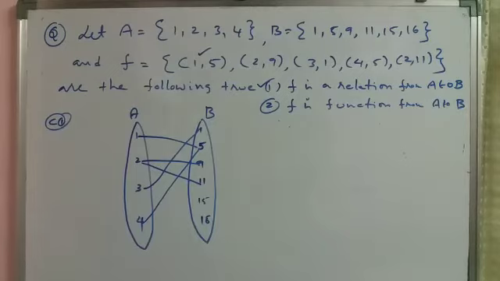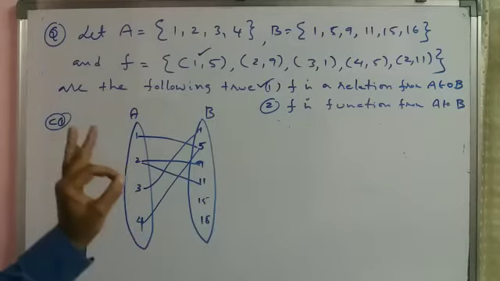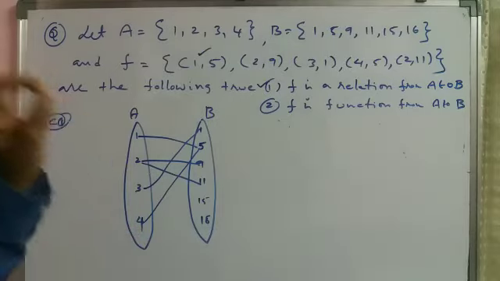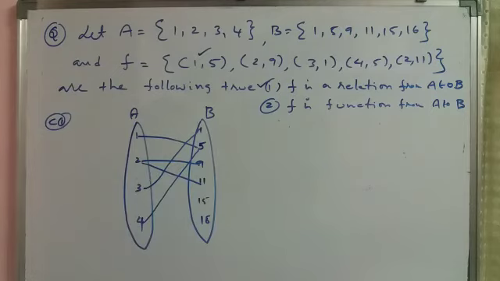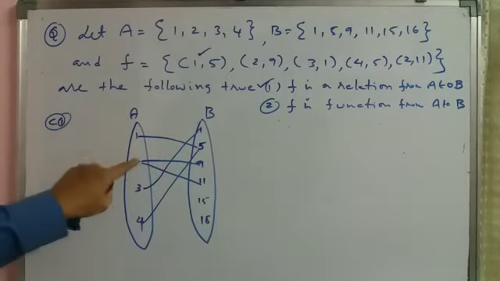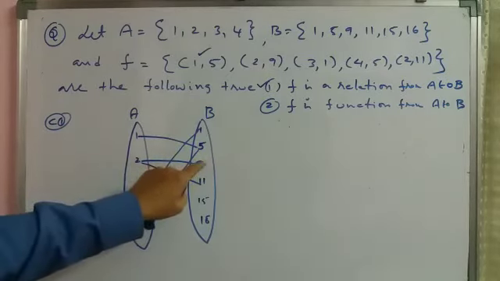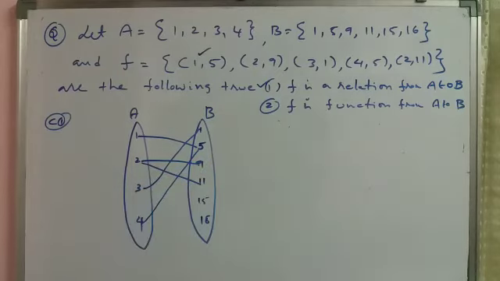You are understanding 90%. What is the function definition? Every element in set A has a unique image, only one image, in set B, then f is called a function. Now here, 1 has only one image, 5, no problem. But the element 2 has two images, one is 9, the other is 11.